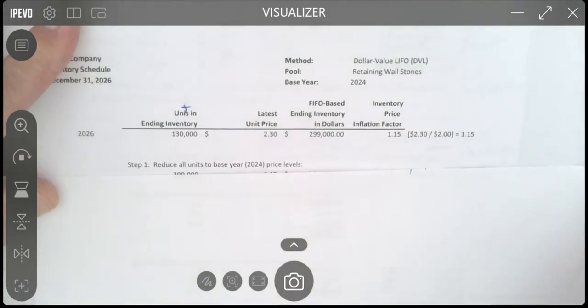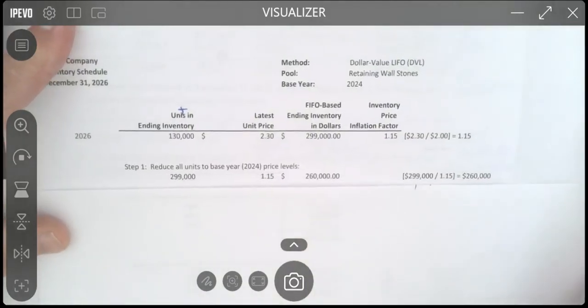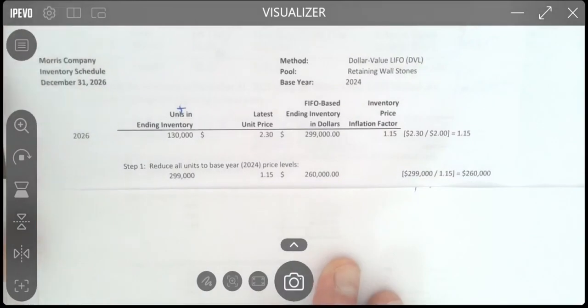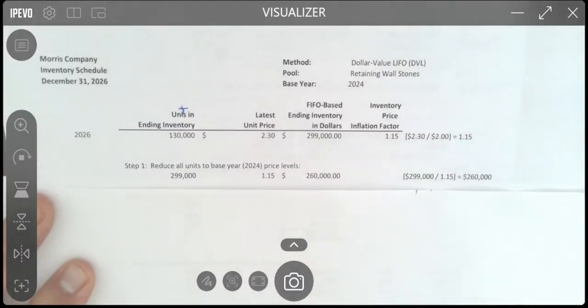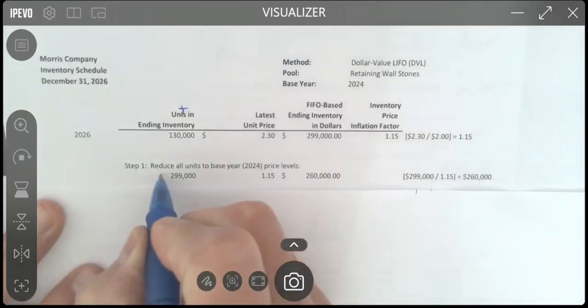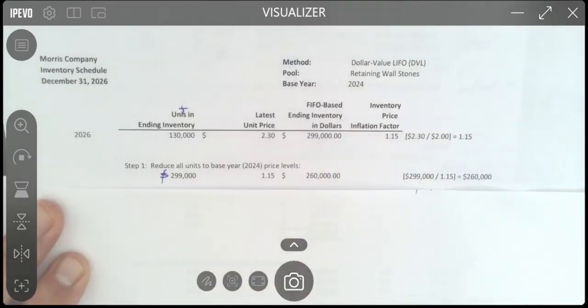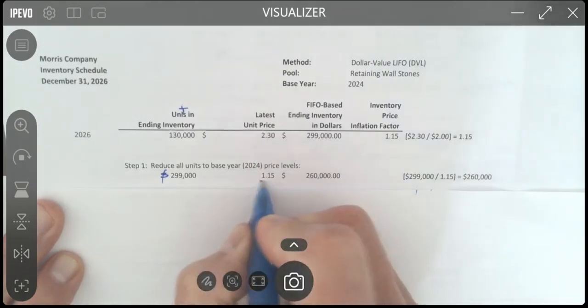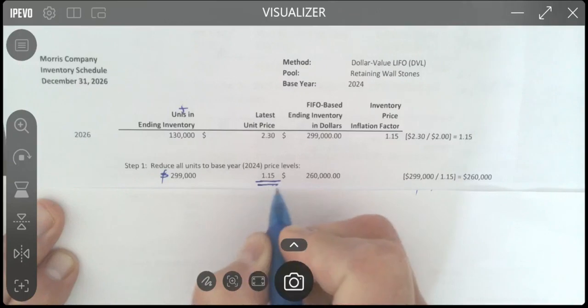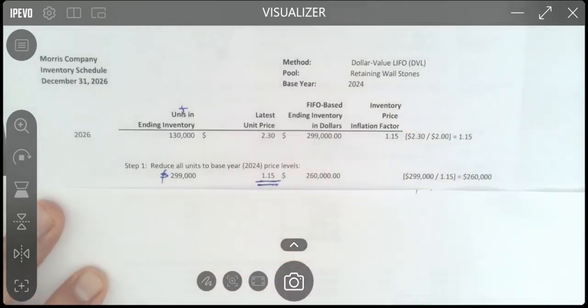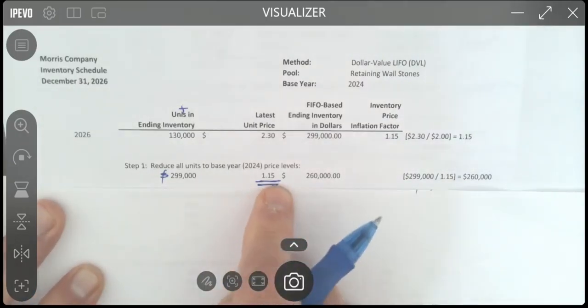All right, let's follow our steps. Step 1, reduce all units to base year price levels. All right, you can do that. The inventory at current year price level is $299,000. The inflation factor for the inventory of retaining wall stones is 1.15.